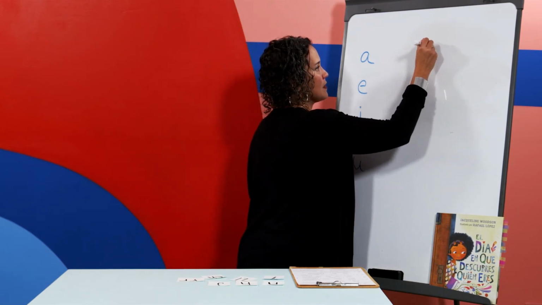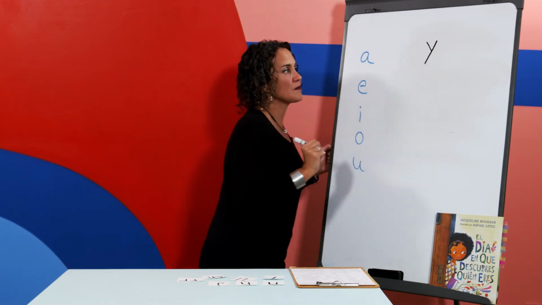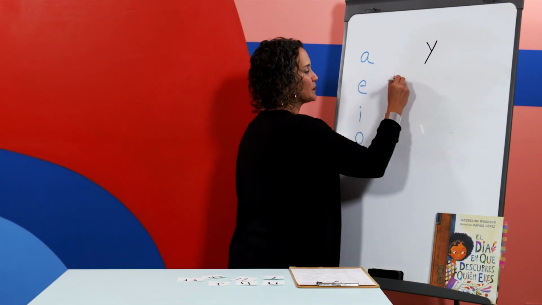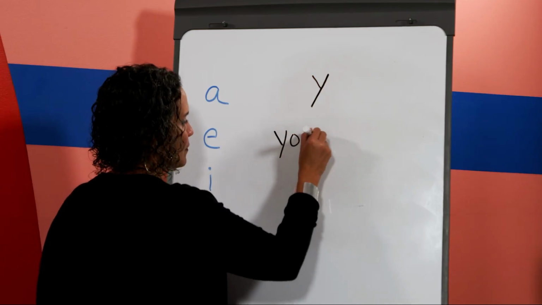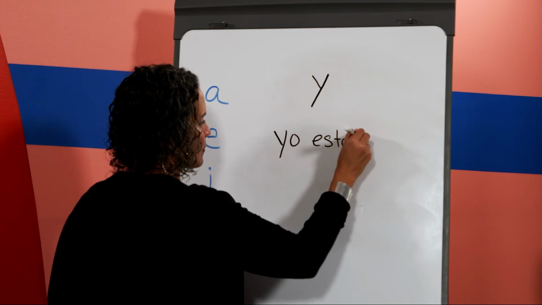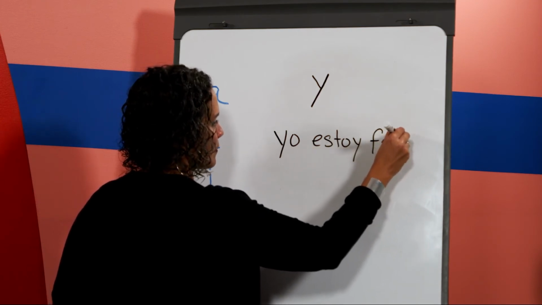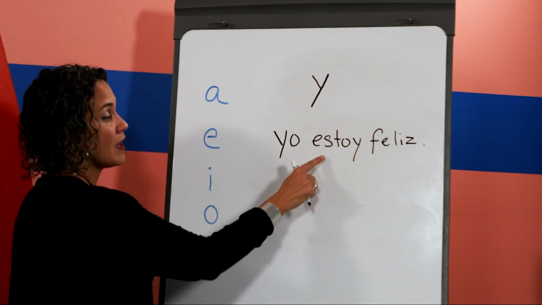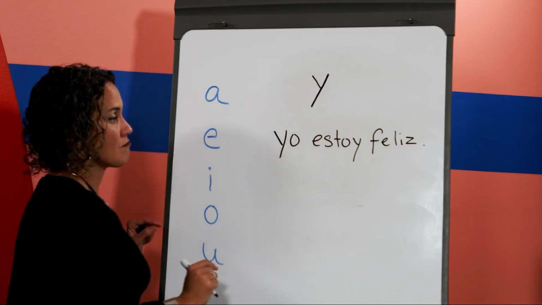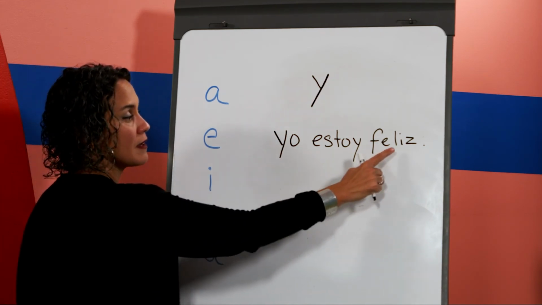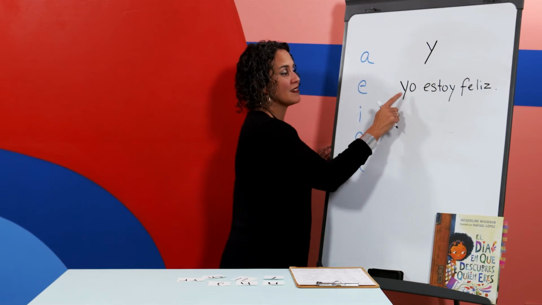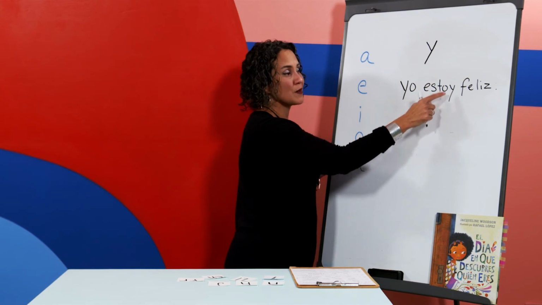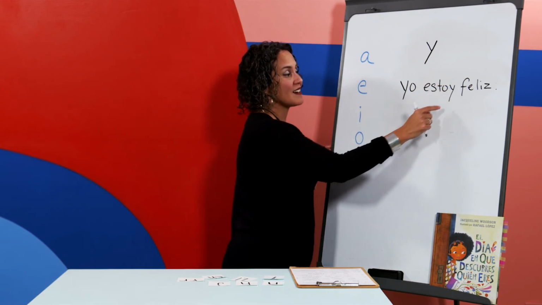Now, with the Y, la Y, in Spanish, I'm going to give you 2 examples. Yo estoy feliz. I am happy. Again, do you hear that? Yo estoy. Remember when I said when this letter is at the end, it's going to sound like an I, right?